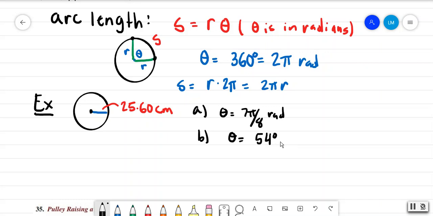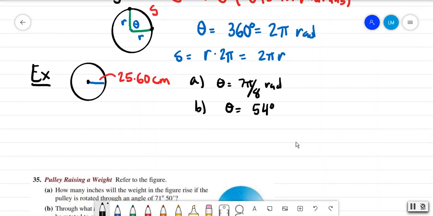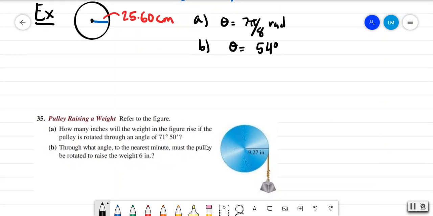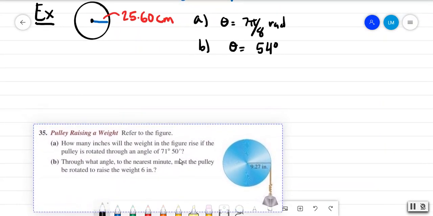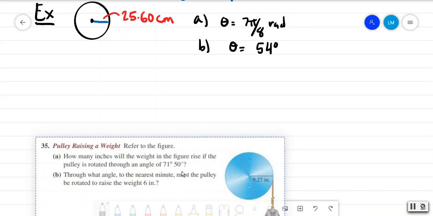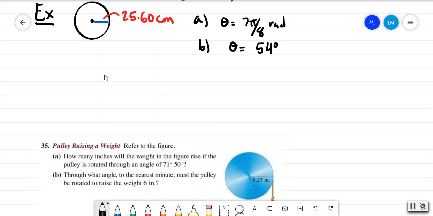For these, it's very likely that you'll need a calculator. Let's move this a little because I need some room. Now let's work out part A. Part A already has everything you need.